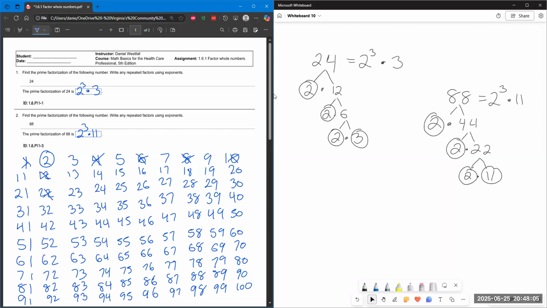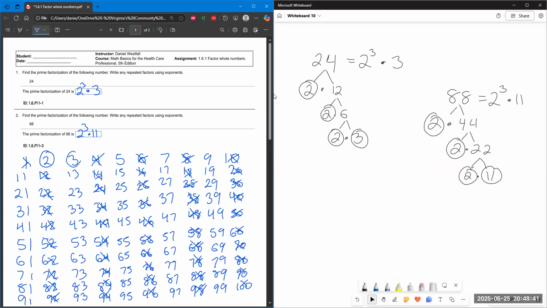That's everything in this column that ends in a 2, a 4, a 6, an 8, and everything in this column that ends in a 0. Those are all composite numbers because they are 2 times something.